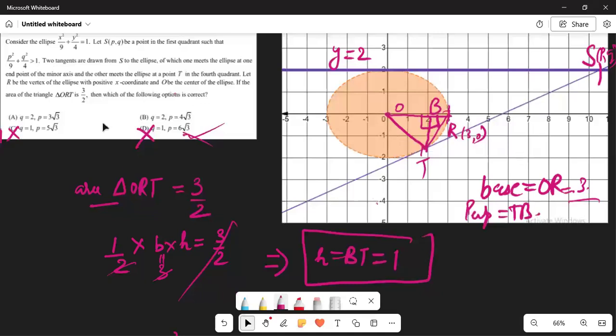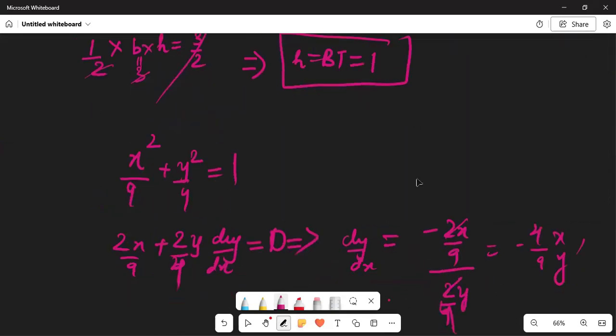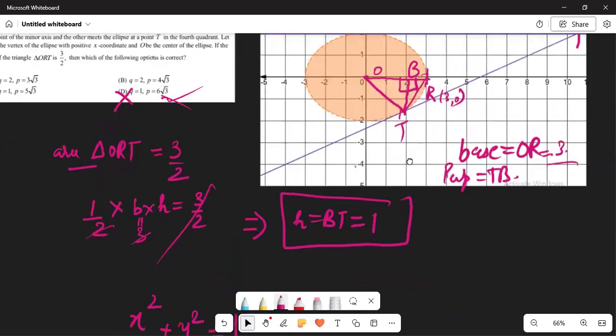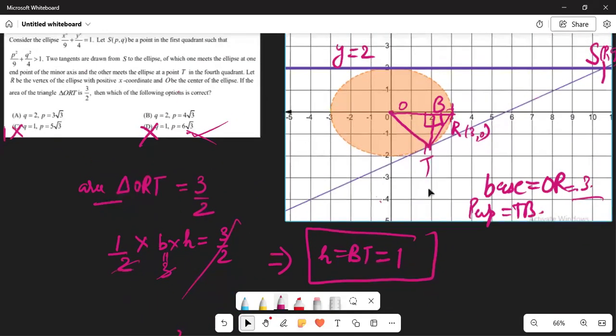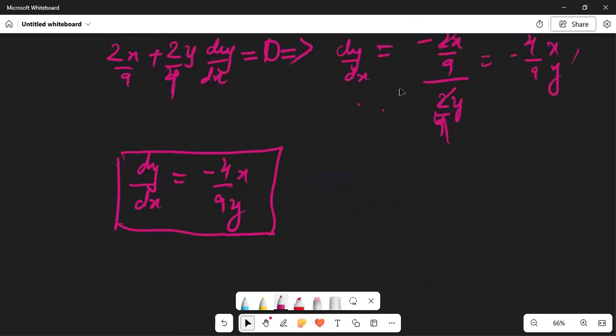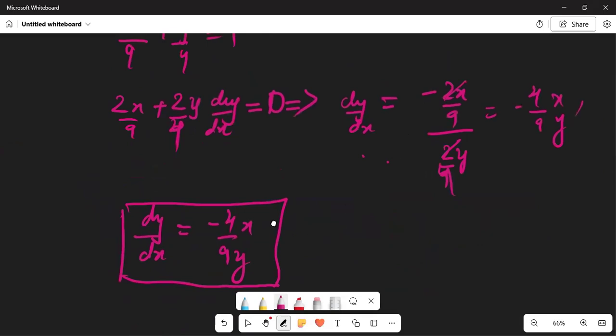Now since we have to use the area of triangle ORT, and we also have to use the tangent line, because S and T are connected by the tangent line, we can find the slope at T using this equation.